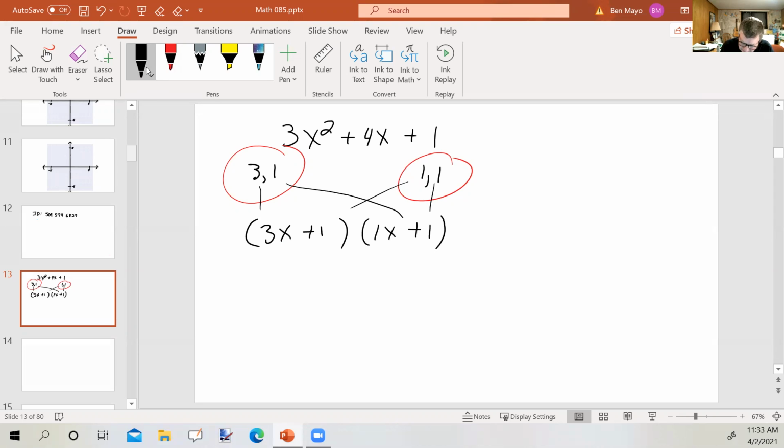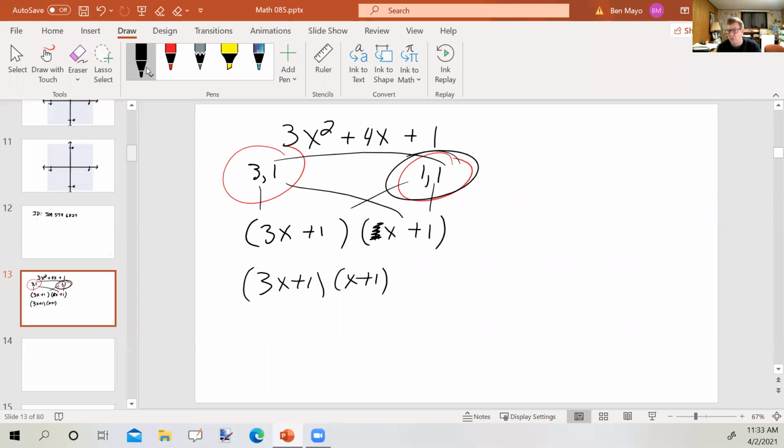Granted, I don't need to put that 1 in front of the x, so I'd have x plus 1. If we switch things around and use the other numbers over here, since that's the same number, we'd still only get 3x plus 1 times x plus 1. If that seems confusing, wait till I do one that has different numbers. Anyway, this is the only way that this could be factored.